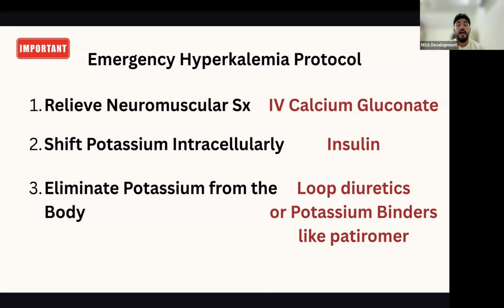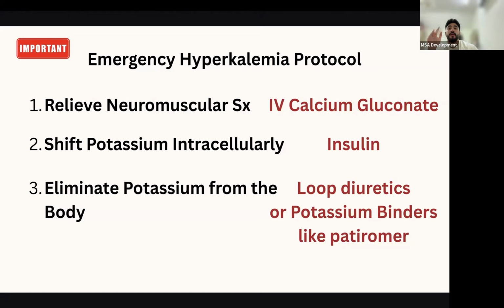Then, I know that I have a lot of potassium in the blood right now, so I need to shift it intracellularly. So I'm going to give these patients insulin. Then I need to eliminate this potassium from the body. Here I'll probably give them loop diuretics, or you can give things that bind potassium, like patiromer, which works in the gut, binds the potassium, and it just leaves your body.